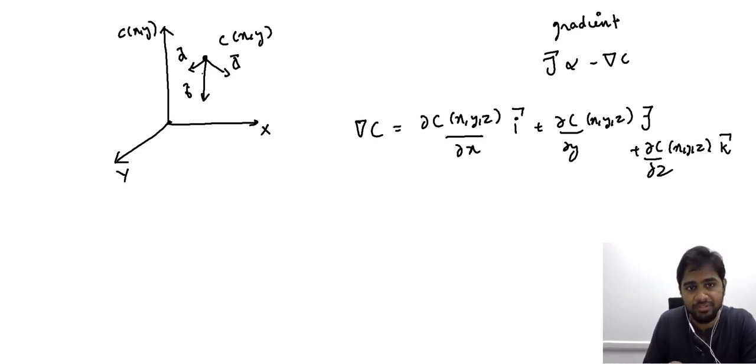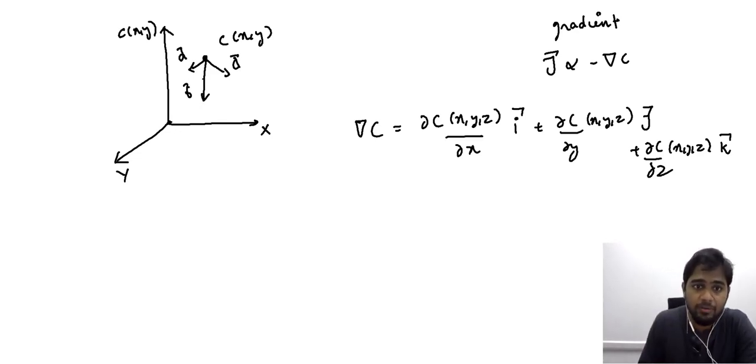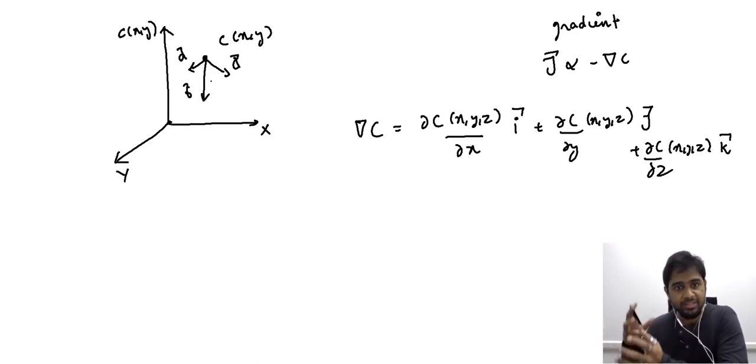In each of these directions we have a different gradient or different difference in the concentration when you move along these different directions. When you move along the A direction, there is a variation in the concentration. In the B direction there is a variation in the concentration, and in the C or the D direction, since we have already represented C as concentration, we have considered another direction to be D. So as you move along the D direction, there is another difference in the concentration.